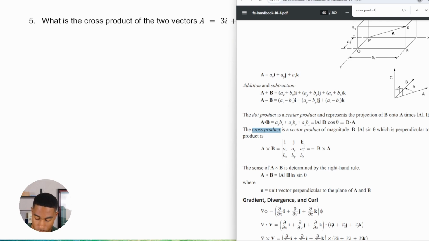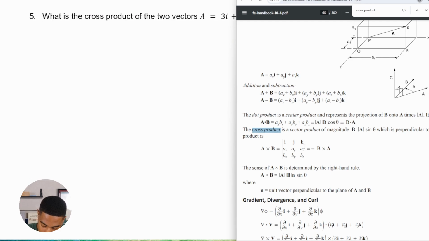So we'll do A cross B. So we'll just list them out. 3i plus 2j minus 6k. And then on the bottom, we'll put our B, which is i minus j plus 4k. Okay. Now, the next thing we need to do is find our i.